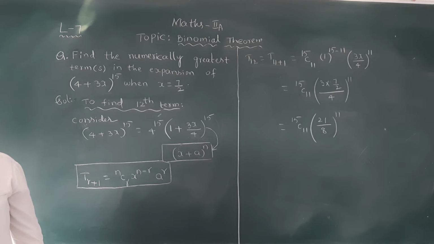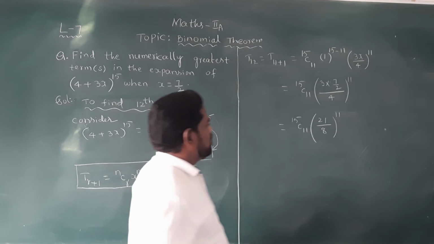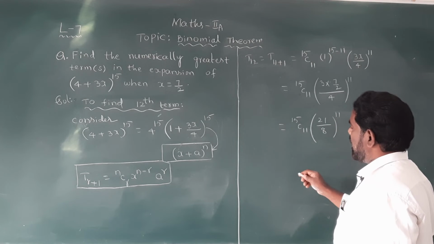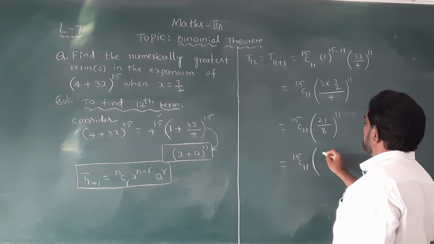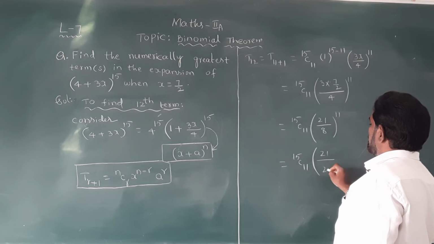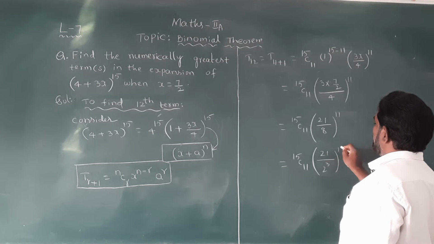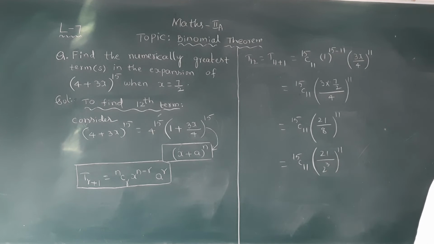15C11, 21 by 2 cube, whole power 11. We can write it like this. Understand? This is the way to find the numerically greatest term or terms of the given expansion.